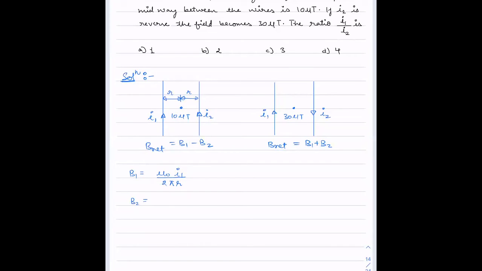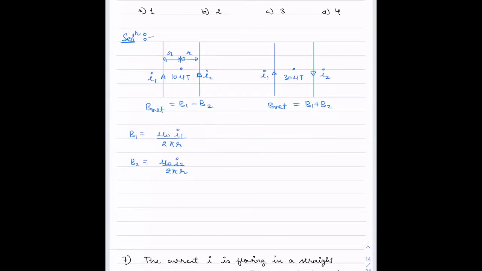Now for B2, we have mu naught I2 by 2 pi r. So B net is 10 microtesla, which equals, taking mu naught by 2 pi r constant outside, I1 minus I2.